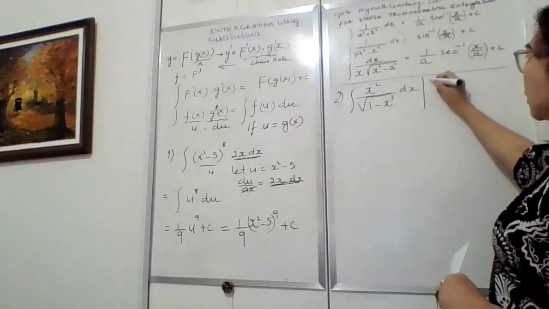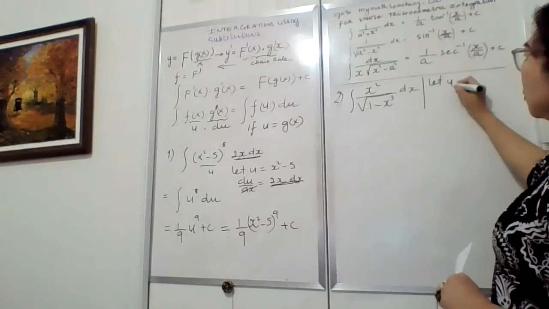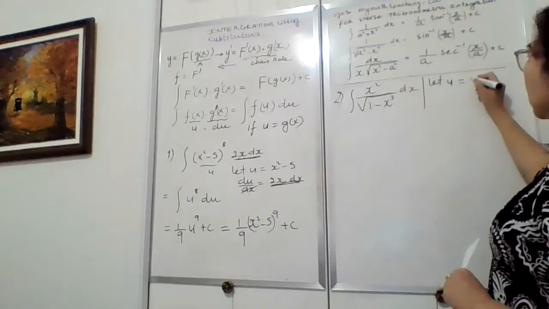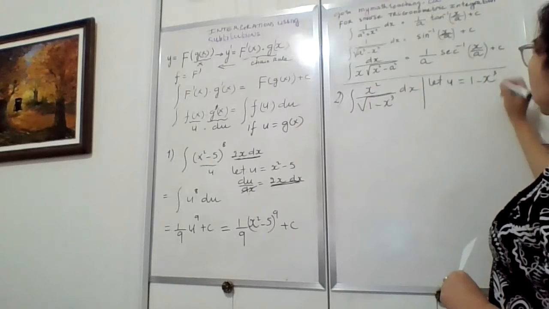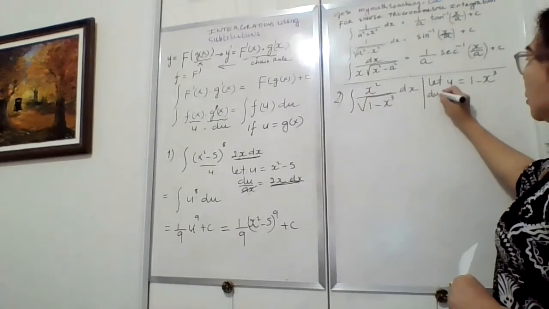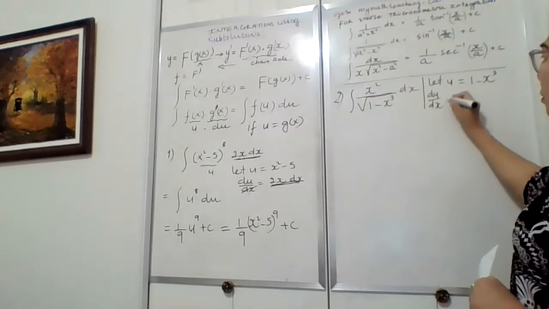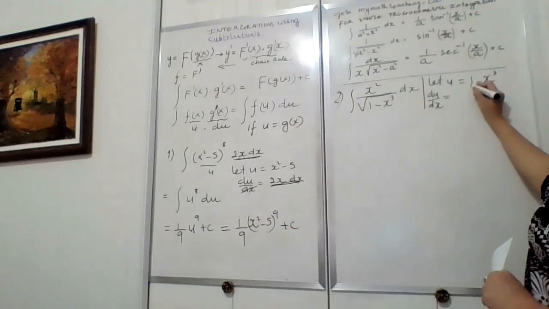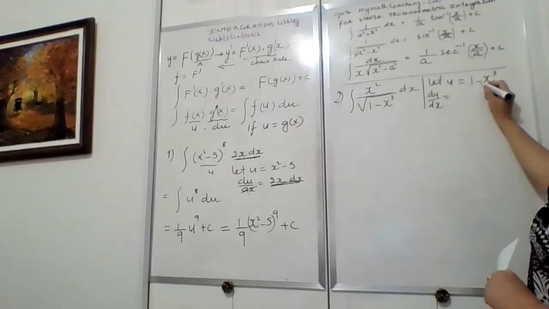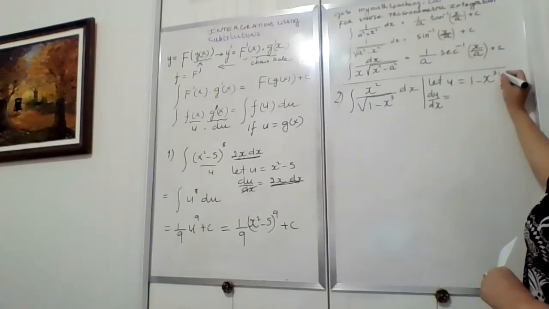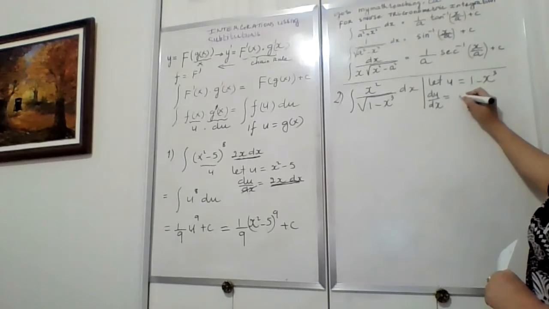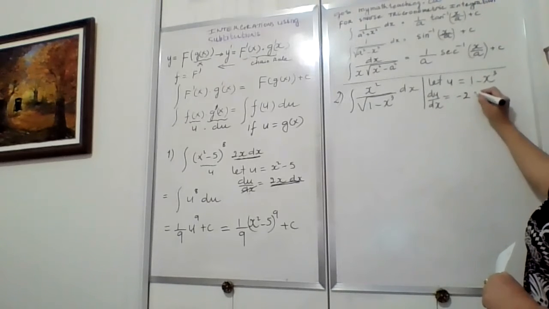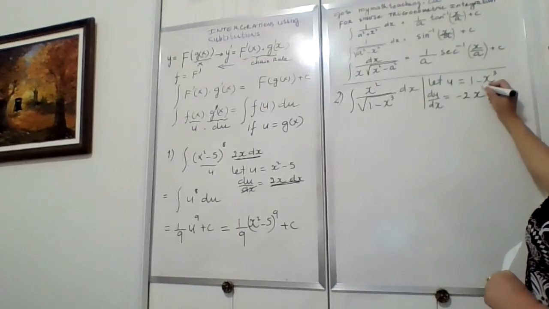So for this, we're going to say let u equal 1 minus x to the power 3. Then du over dx will be equal, now this will become 0, and we subtract 1 power, so that will become minus 3x to the power 2 dx.